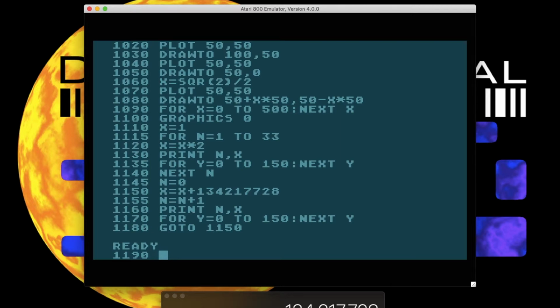So it's 9 digits, maybe 10 digits of 9s. 10 digits of 9.